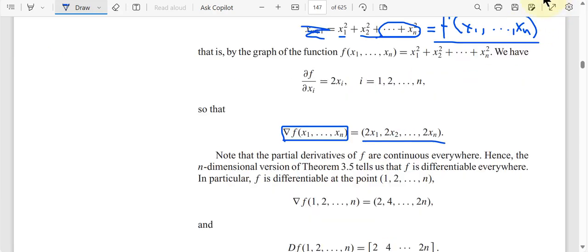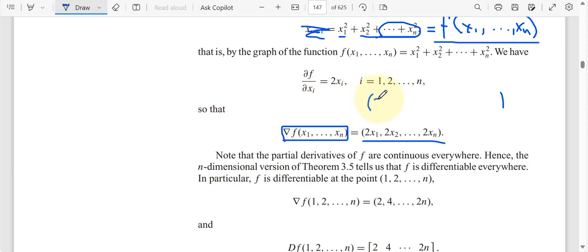Nabla. So we could say, well, what's the gradient of f at a particular point in this n space, right? We're talking about n space, so we have x sub 1, x sub 2, x sub n.